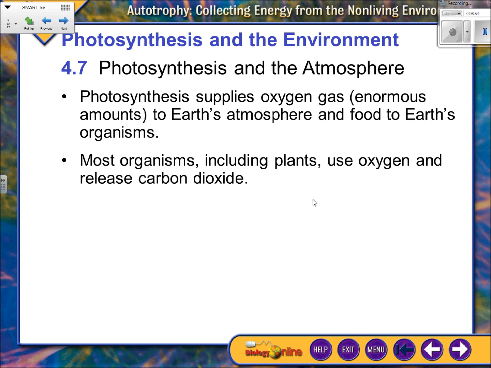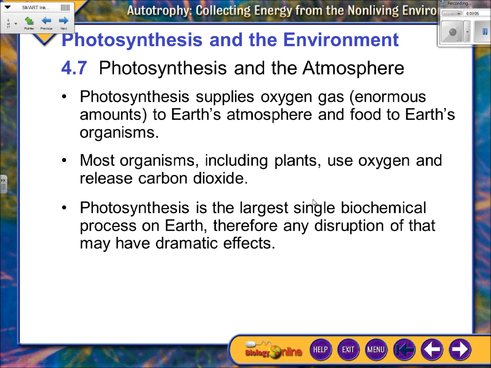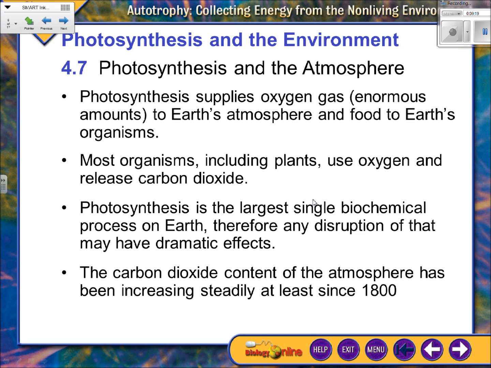Also, don't forget that most organisms, including plants, do photosynthesis and respiration, releasing carbon dioxide and using oxygen. So whenever we change this balance between carbon dioxide and oxygen, I don't mean just we, whenever it changes, it affects life on Earth.